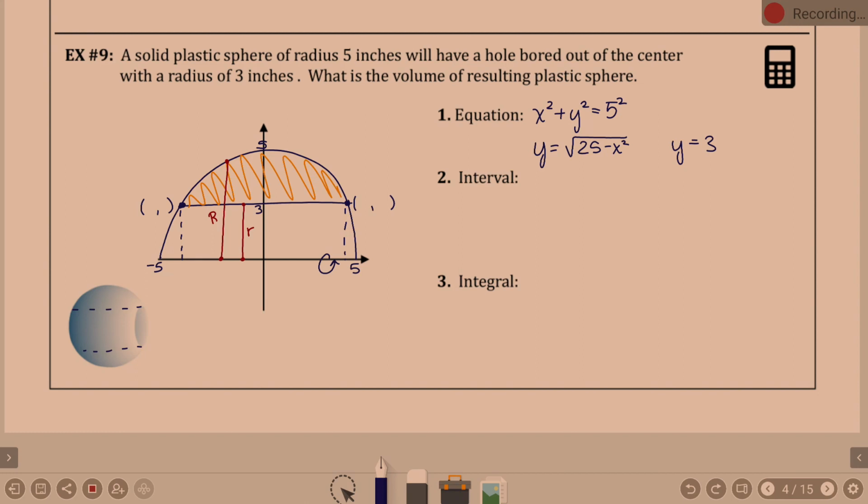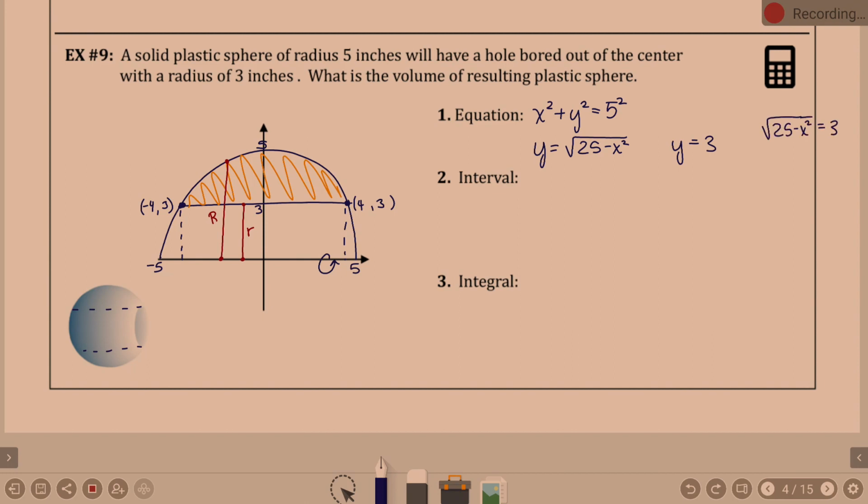Here's the deal. We have y equals the square root of 25 minus x squared, and y equals 3. Can you set those equal to each other? You can. It could be done by doing the square root of 25 minus x squared equals 3.